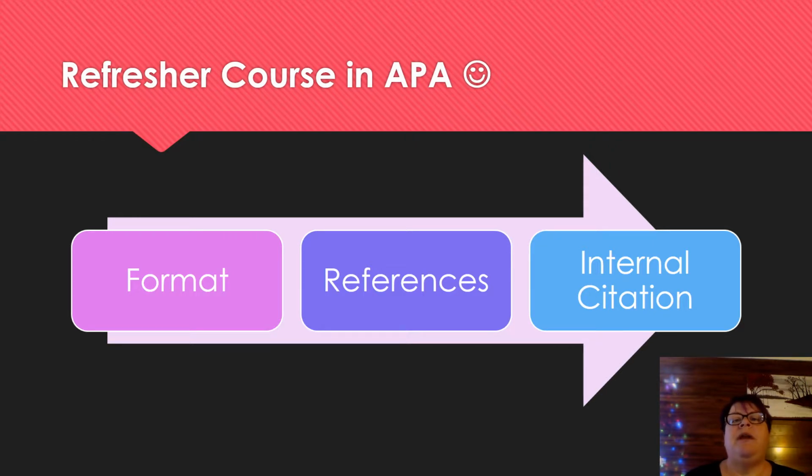Most of you will end up with topics outside of the humanities, and so you'll be using APA formatting and documentation. There are links to a number of resources in the module, but I'm going to do a quick review of APA here as well. An APA document will have a cover page and abstract before the actual content and a references page at the end.